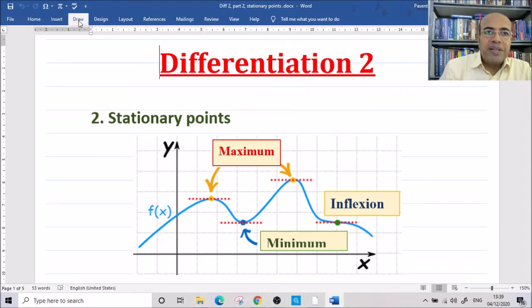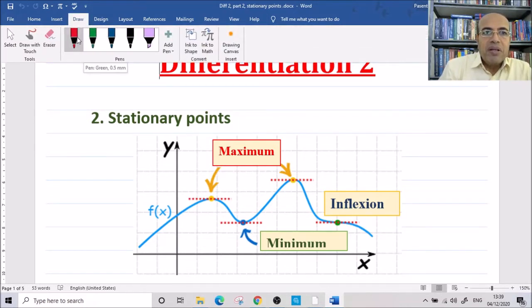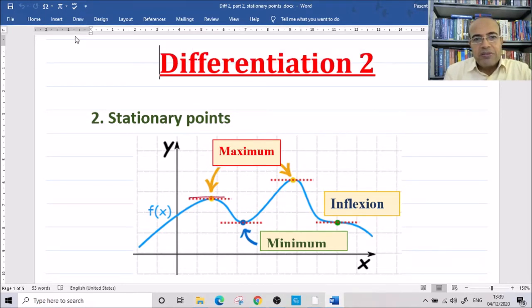So you can see that at this point the gradient of tangent to the curve is parallel to the x-axis. So the gradient of tangent means dy by dx equals 0.